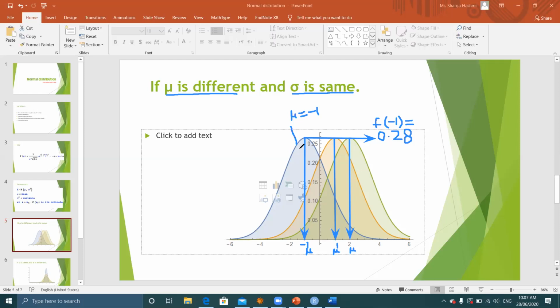any point on the curve. Not only at the peak ordinate exists, all the points here on the curve, I'm just pointing few points. So many points between these mentioned points exist. In all these points, for example, this one.